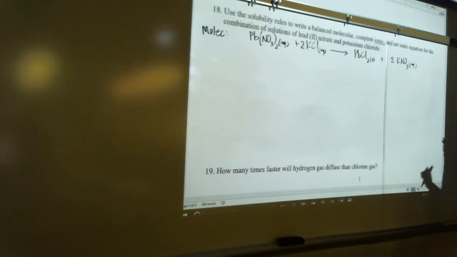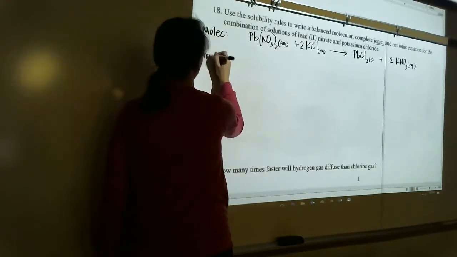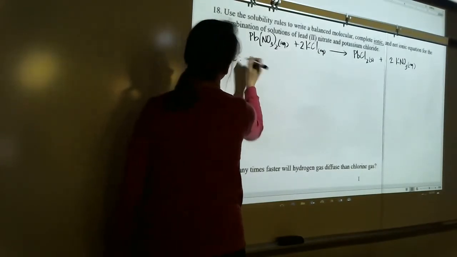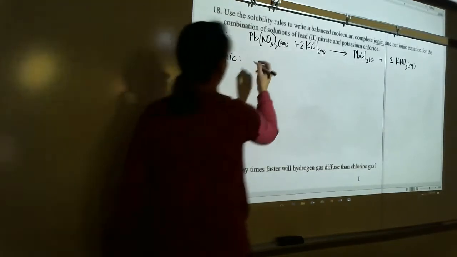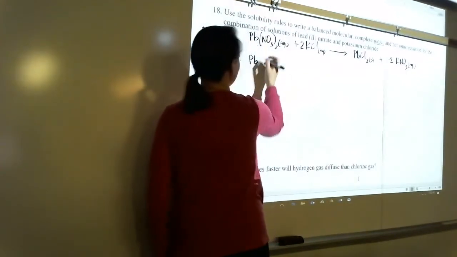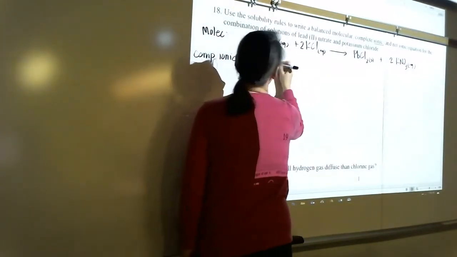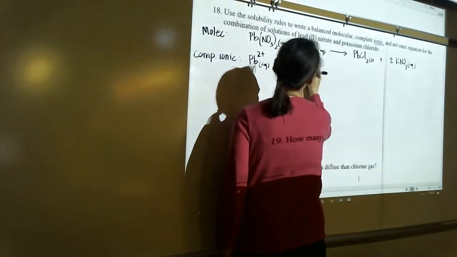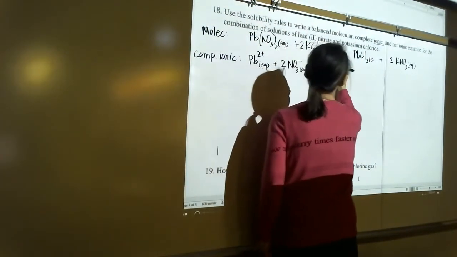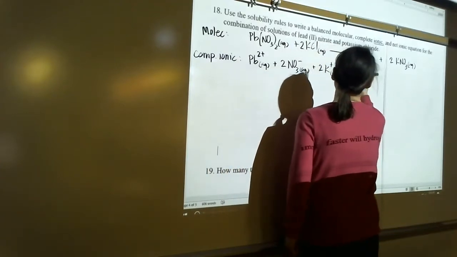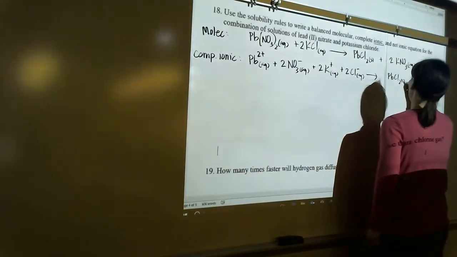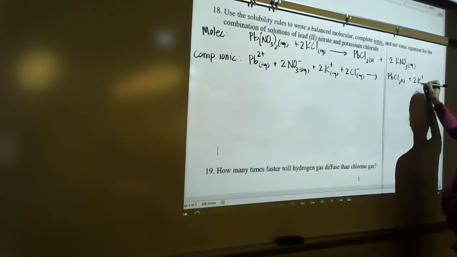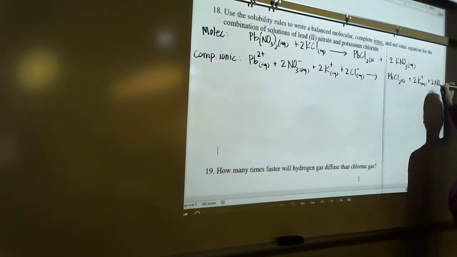How do we turn molecular into complete ionic? Some textbooks call it total ionic. It's the same thing. What do we have to do? Anything with an aq, we split it up, right? And we get our charges back. So it's not Pb, it's Pb2+, plus 2NO3 minus, plus 2K plus, plus 2Cl minus, produces PbCl2 solid, plus 2K plus, 2NO3 minus.